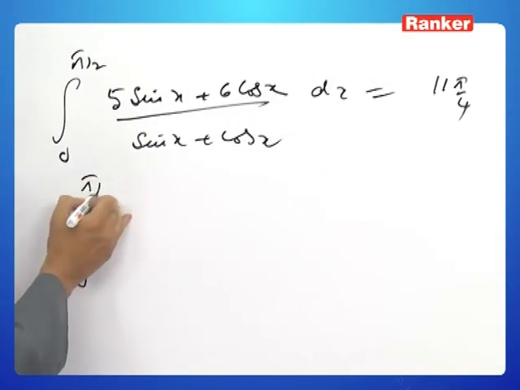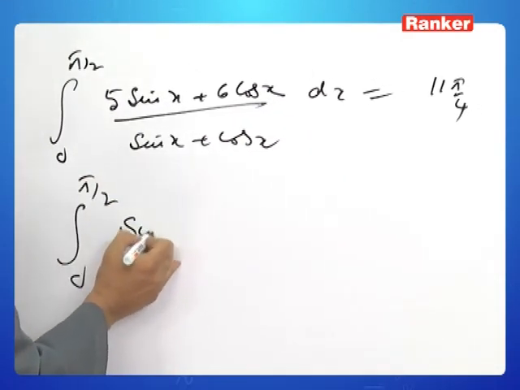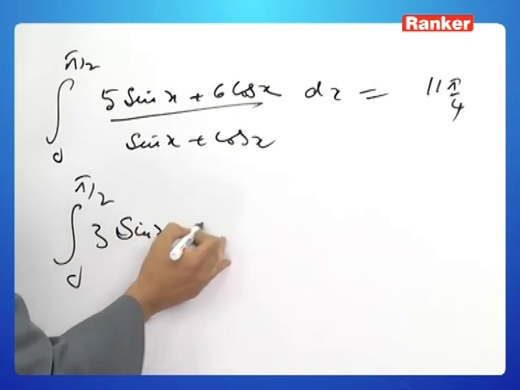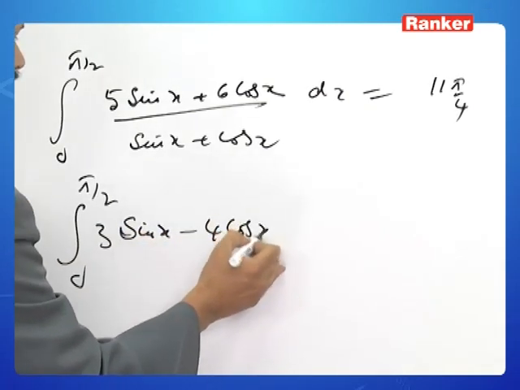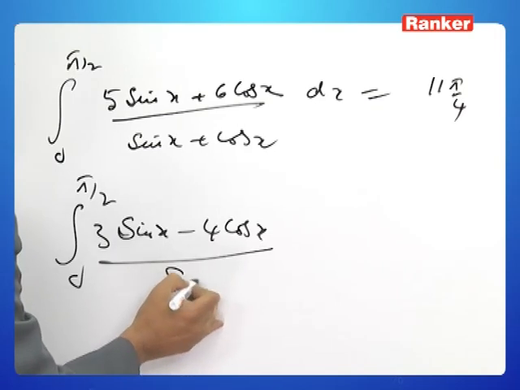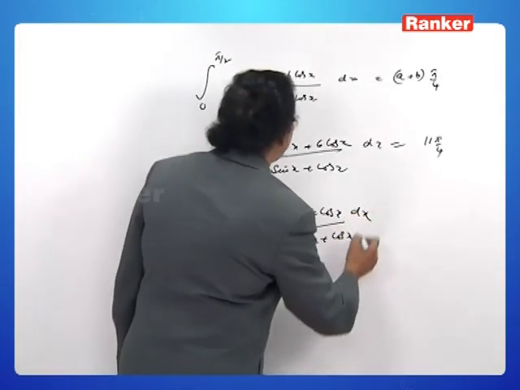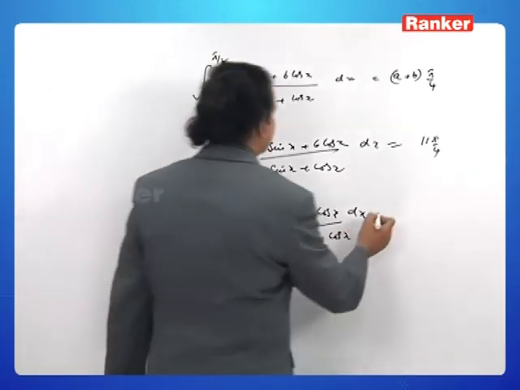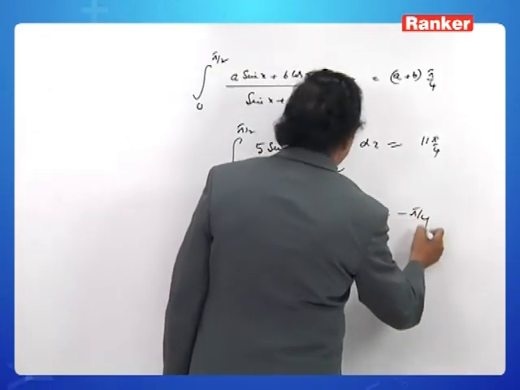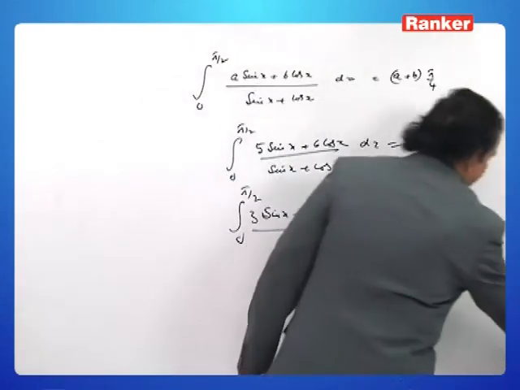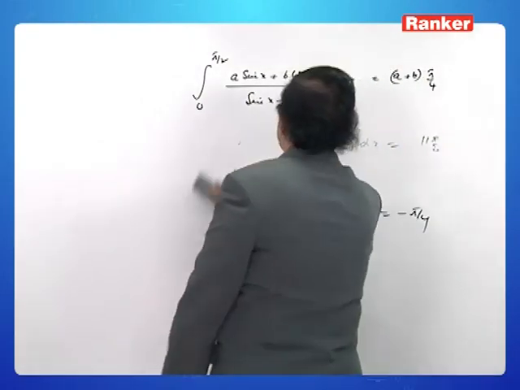Integral 0 to pi by 2, 3 sin x minus 4 cos x by sin x plus cos x. What do you have? In the place of a and b, we have 3 and minus 4, hence it is minus pi by 4. Like that, you can make use of this simple formula.